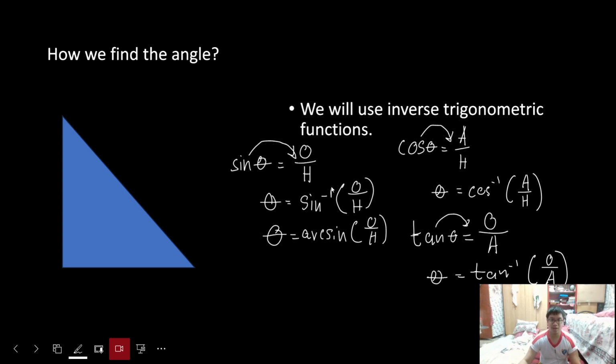These are the three inverse trigonometric functions, although there are three more: the cosecant function, secant function, and cotangent function. We can find their inverse trigonometric functions too. It's possible. But for now, I want you to never forget these.